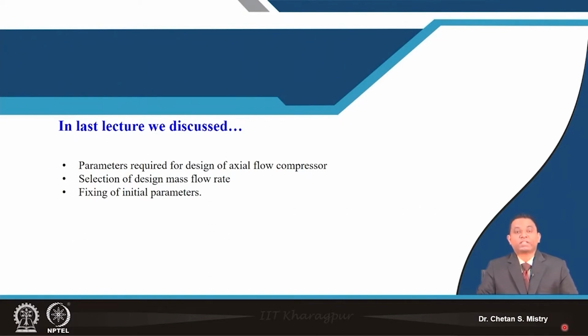Then we started discussing the fixing of our initial parameters. We have discussed energy balance, continuity, power balance, and speed balance, and then we started discussing a very important aspect, the selection of pressure ratio for particular stages.